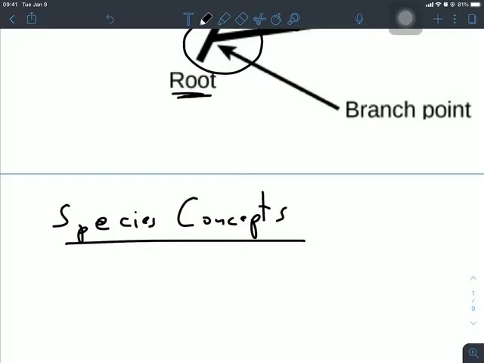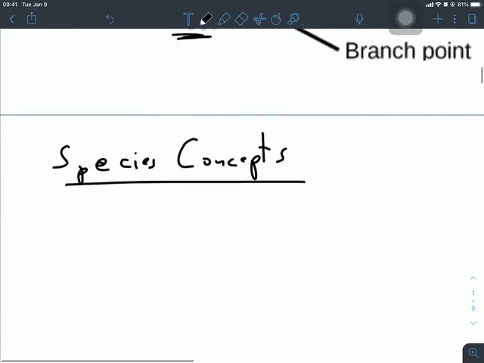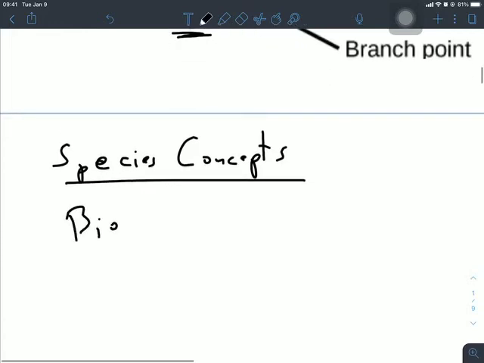This is particularly true since plants are so willing and ready to hybridize. They are very fluid in their ability to make progeny with very distantly related taxa. For purposes of this class, I'll introduce you to three different species concepts. The first is the biological species concept.